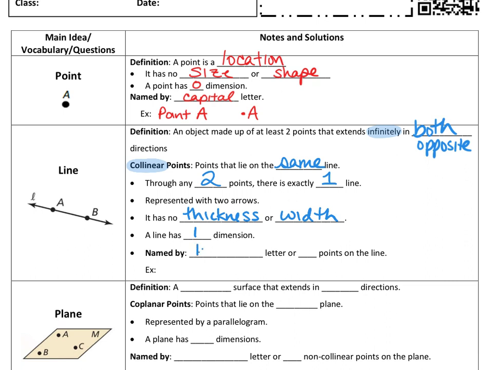It is named by a lowercase letter or 2 points that are on the line. So for our picture that's on our notes here, we could call it line L, and they're usually going to be in cursive. At least for me, I'm probably going to draw them in cursive, the letters, so line L. Or you could call it line AB.